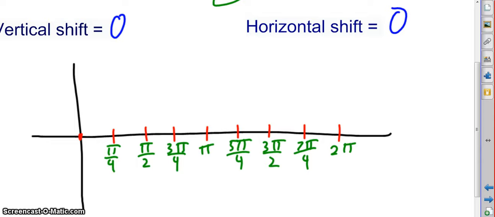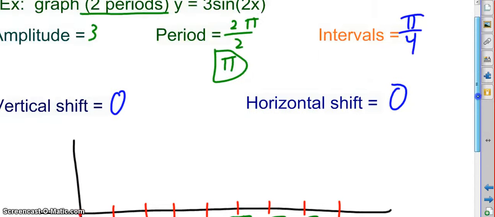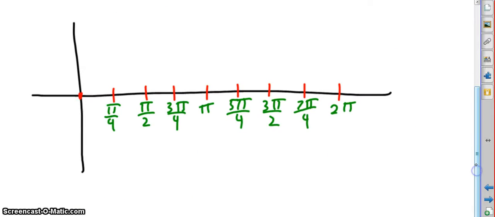Okay? Now I'm going to put a mark for my amplitude. What did we say our amplitude was? That was 3. So that means from the middle, the midline, which in this case happens to be the x-axis, I'm going to go up 3, and I'm going to go down 3. So now I'm just going to plot the points for the sine curve. So this is 1, and all I'm doing is following that shape that we saw before.